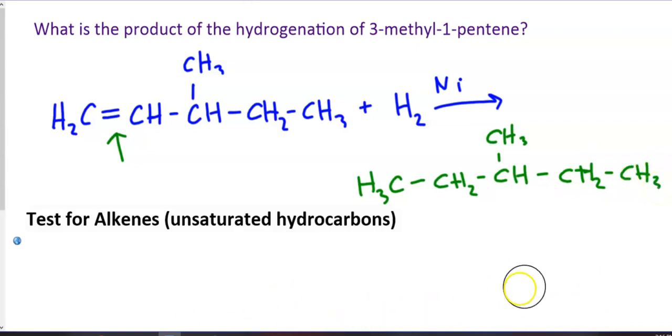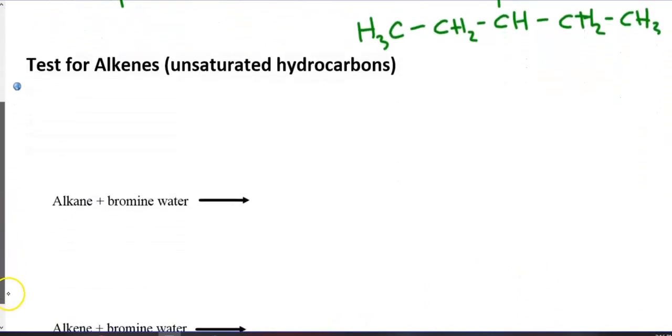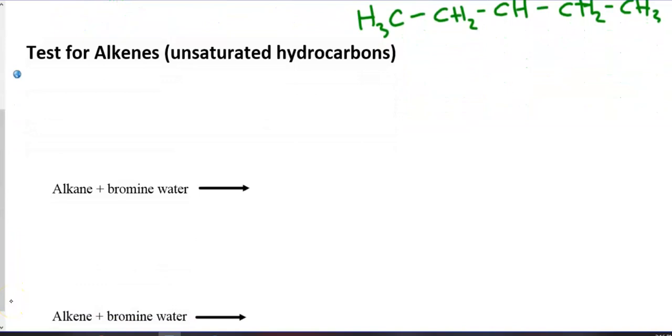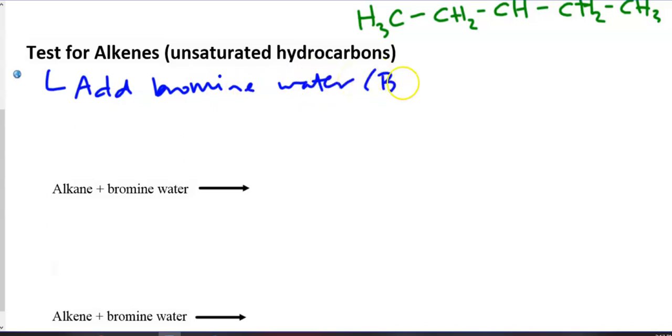The last part of this is that we can use this as a test for alkenes. If we have a solution and we need to know if it's an alkene versus an alkane, the test is to add bromine water. So if we just add bromine, this would be Br2.